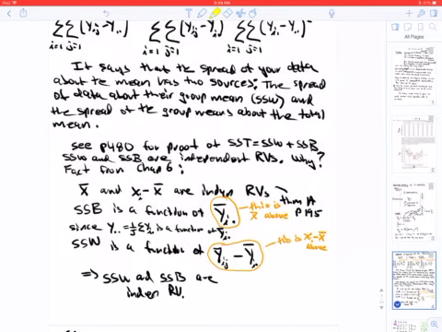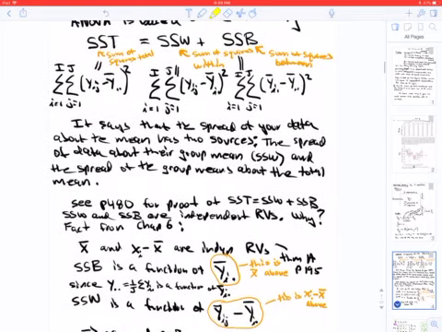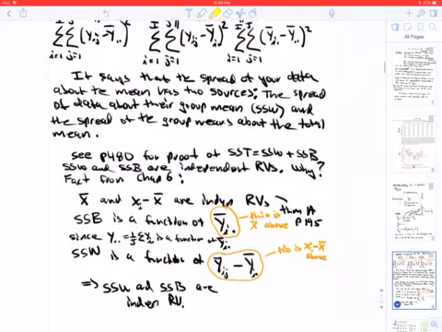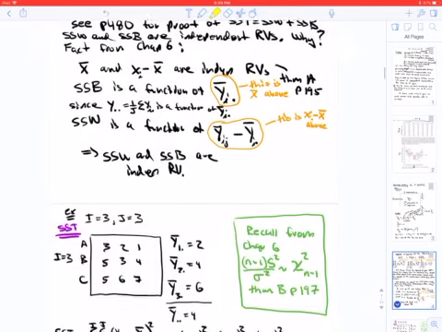But before we do that, we should note that the sum of squares within and the sum of squares between are independent, and that follows from an argument using a result from chapter 6.